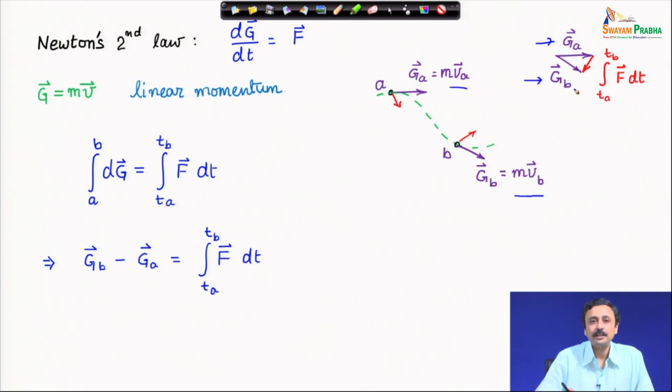That red vector is the difference vector, and what is the difference vector? From our relation, it is the integral over time from t_A to t_B of the force vector, and that is what I have indicated in the figure. Therefore, the change of linear momentum is equal to this vector, which is the integral of the force over time as the particle moves from A to B.